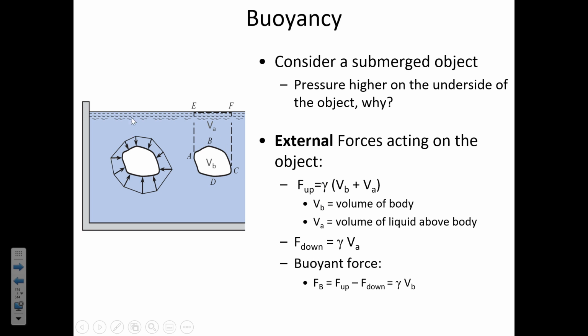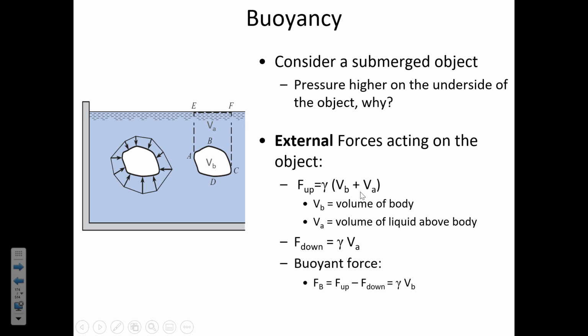The downward forces, so the pressure that's acting on the top and is pushing the object down, is simply related to the weight of the water that's above the object. And so the net buoyant force is the difference between the pressure forces from above and the pressure forces from beneath.